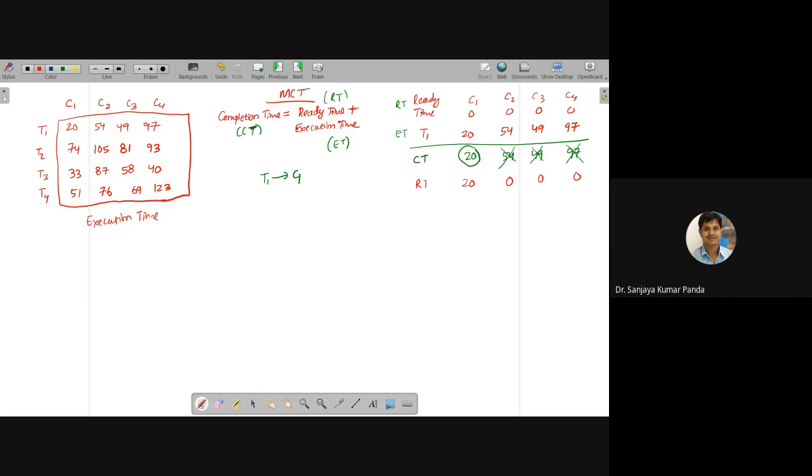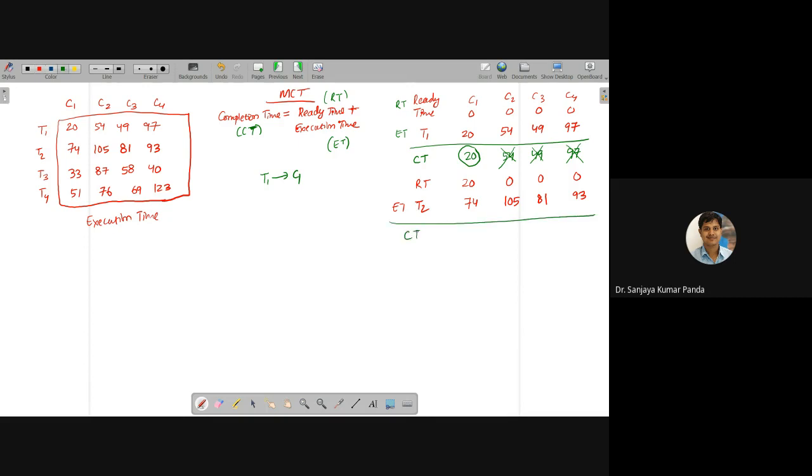Okay, next we again consider the task T2. The execution time of T2 is 74, 105, 81, and 93. Then you need to find the completion time.